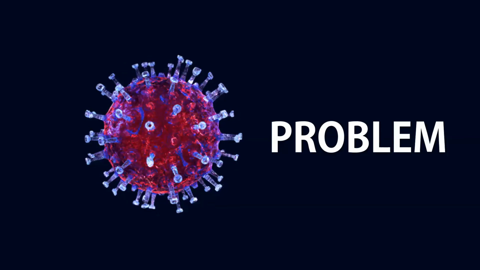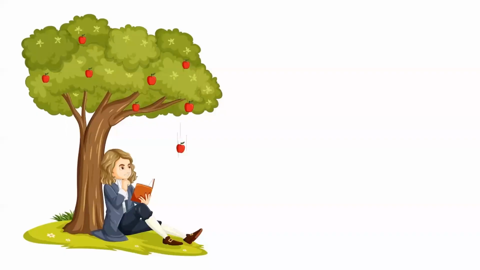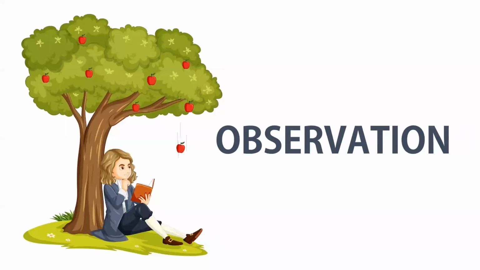But it doesn't have to be a problem always. It can sometimes be an observation. Sometimes it's not a problem. You see something that cannot be explained. Like for example, Sir Isaac Newton saw an apple falling from a tree and coming towards Earth. So he was wondering about what he saw. And then he came up with this idea of gravitation.